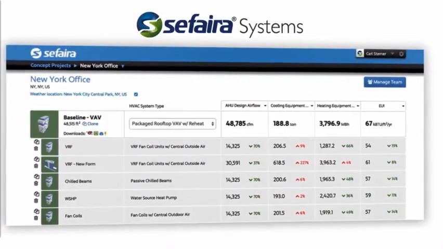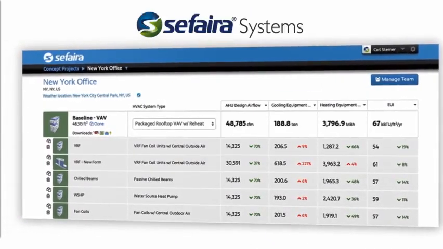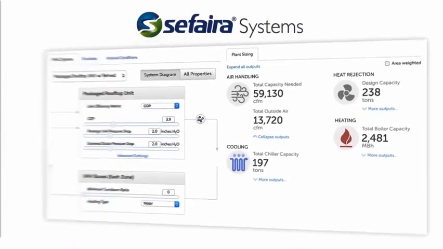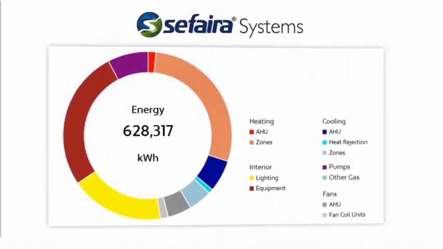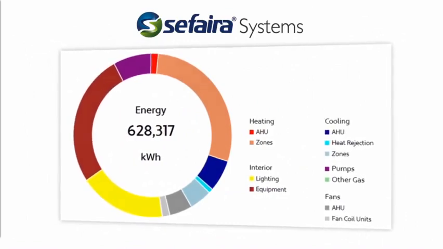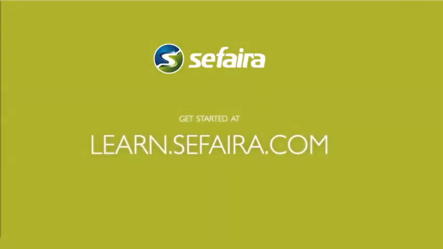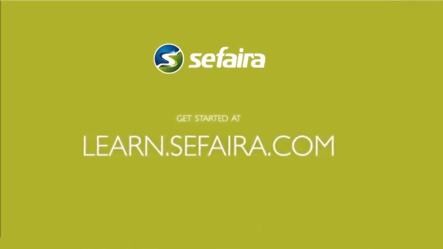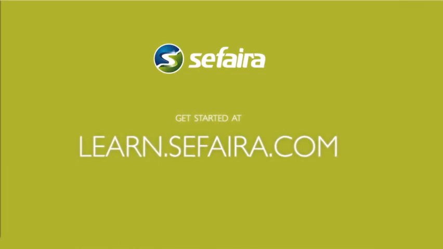In Sefaira Systems, you can compare different HVAC options and study system sizing, peak loads, and energy conservation measures early in the design process. Get started now. Visit learn.sefaira.com to learn how you can use Sefaira to accomplish your performance goals.